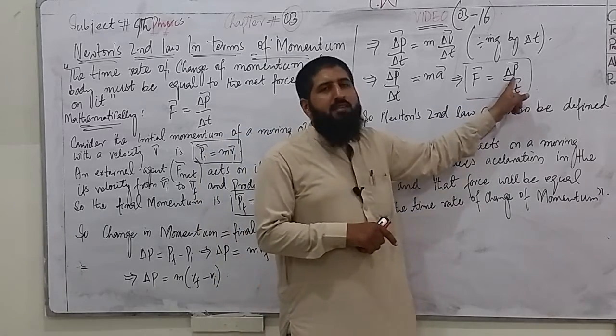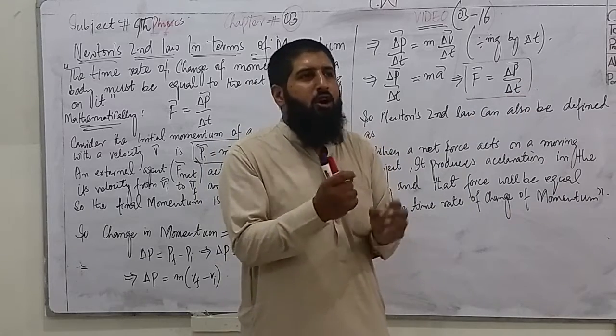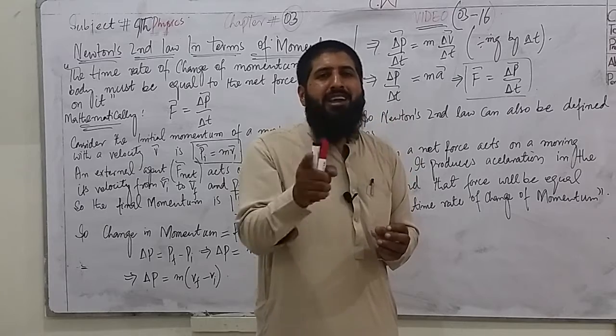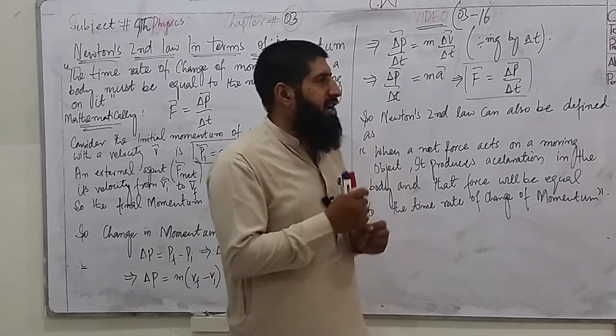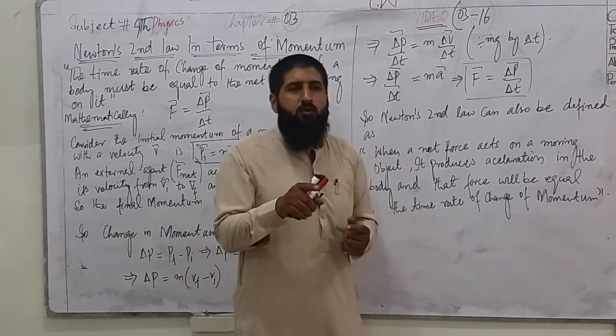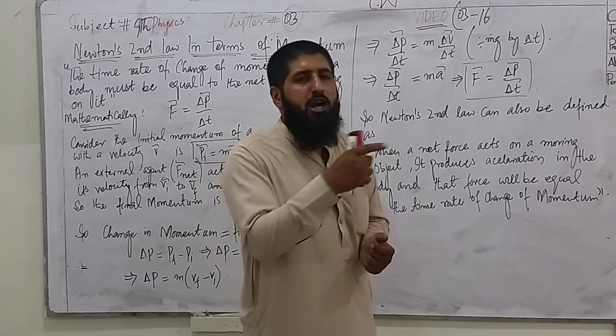ये मोमेंटम किस वजह से चेंज होती है कि हमारे पास when a net force acts on that object, then obviously it changes its velocity, and momentum depends upon velocity. So when it changes the velocity, then obviously the net force acting on that object also changes its momentum from initial to final.